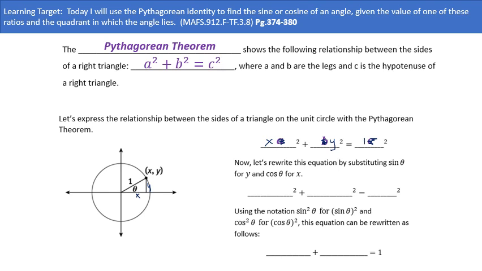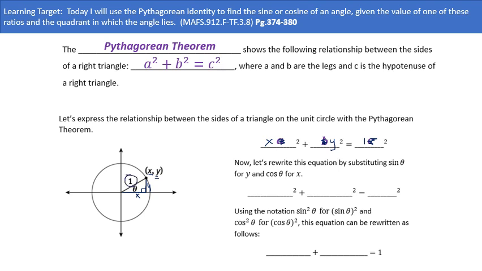Does that make sense? Remember our x distance here? This horizontal distance here, that's our x distance. The y distance is the same as our vertical distance. So we have that right triangle, and then our hypotenuse is 1.